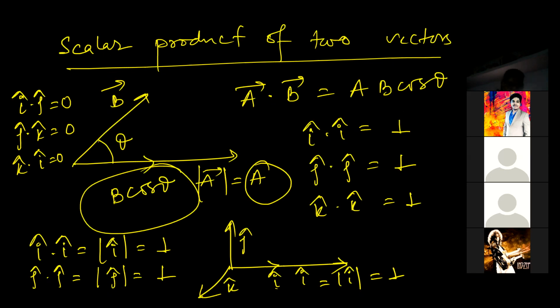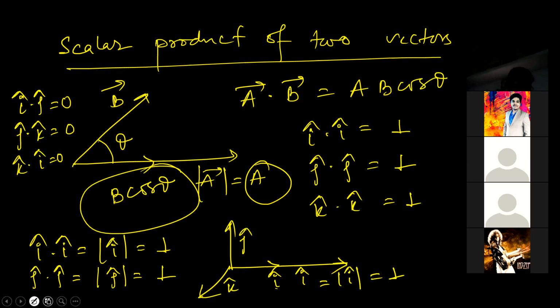I cap works along the x-axis, J cap along the y-axis, so their dot product will be 0. The dot product will have some value whenever the two things are working along the same line. As you can see in this figure, A and B cos theta are working along the same line. So that's why their product becomes the dot product or scalar product of two vectors.